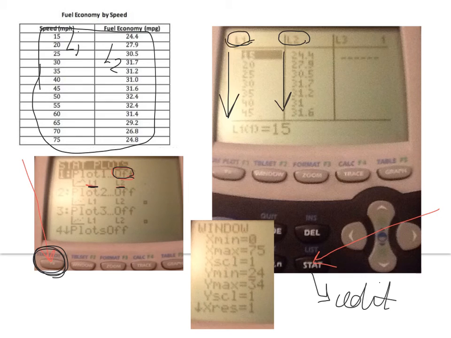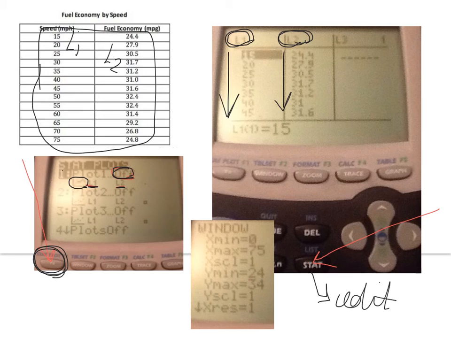And since I just populated list 1 and list 2, I'm good. So you're going to select this right here, turn it on, and pick what kind of graph you're going to look at. Once you go into it, you'll see, like I picked this one. You can pick different ones. It depends on whatever you want to use, how you want your graph to look.